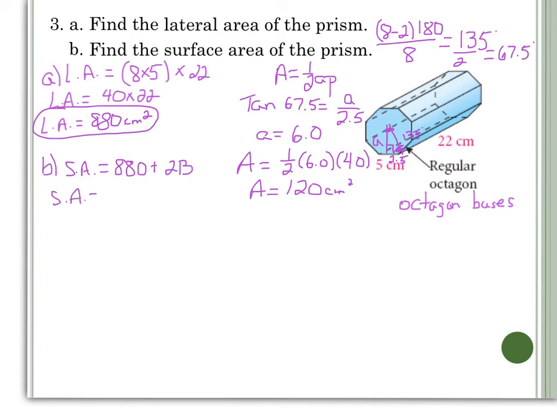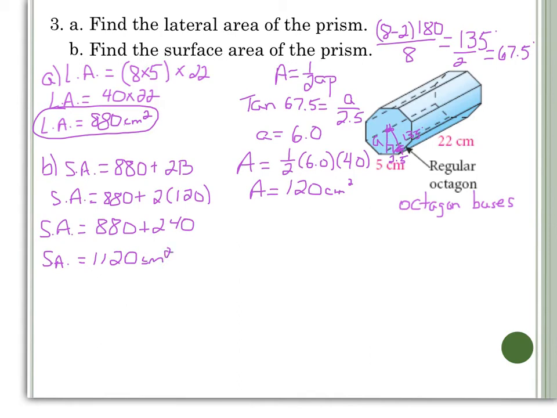So surface area 880 plus 2 times 120. So surface area equals 880 plus 240, or 1,120 centimeters squared.